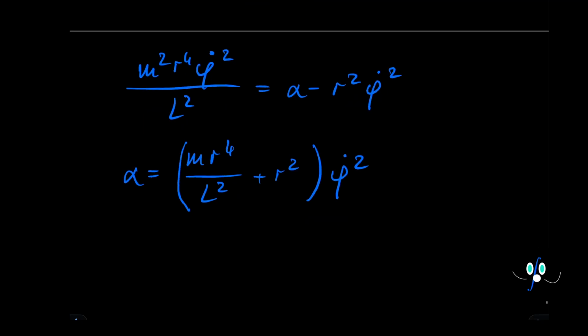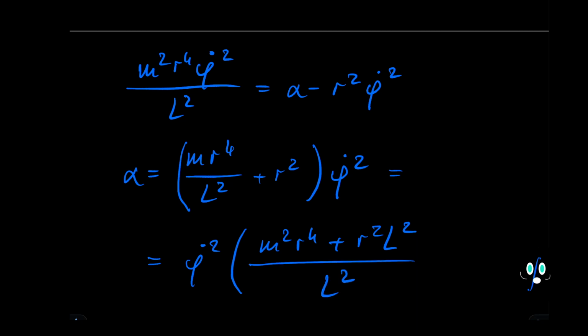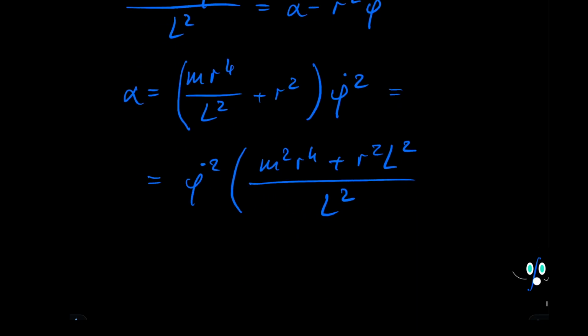So this we can also rewrite as phi dot squared times m squared r to the power of 4 plus r squared L to the power of 2, divided by L to the power of 2. And now we just rewrite the whole thing, so we have an expression for phi dot squared.